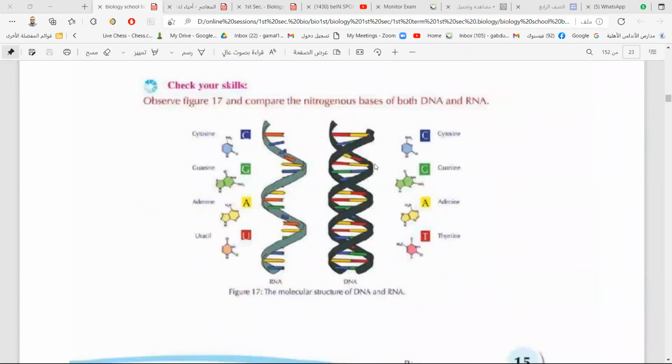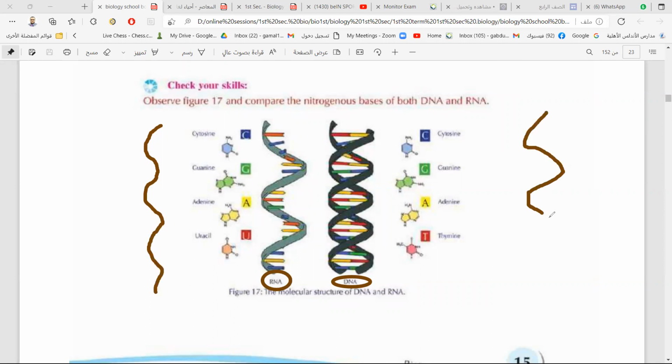We have here the shape of DNA and the shape of RNA. The difference in shape between DNA and RNA: you can see that DNA is a double thread, not one single thread like RNA. RNA is a single thread, but DNA is a double thread, a double helix.